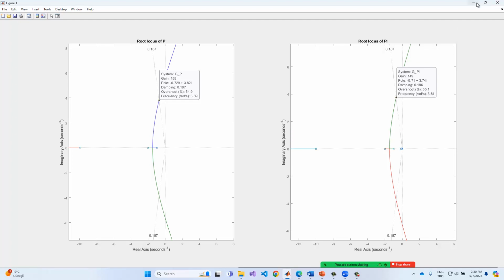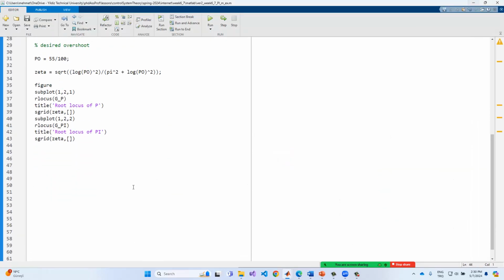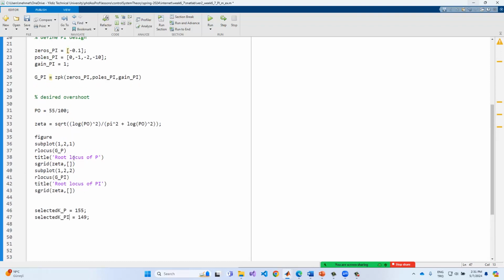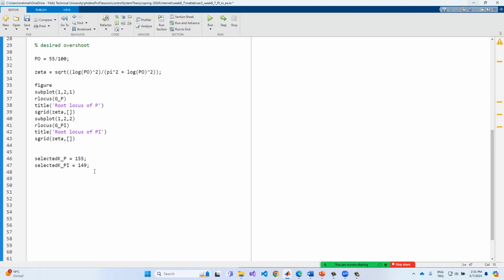Okay, and so we must write the selected KP value as 155 and the selected KPI must be chosen 149. This difference of the coefficients comes from the integrator effect on the system.